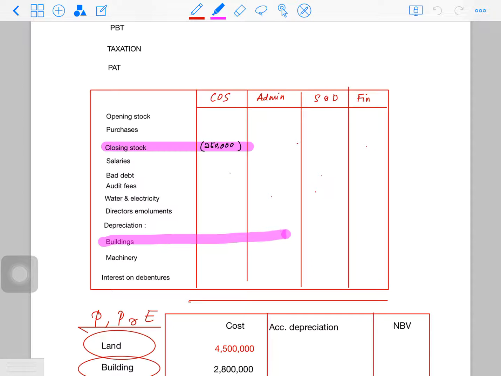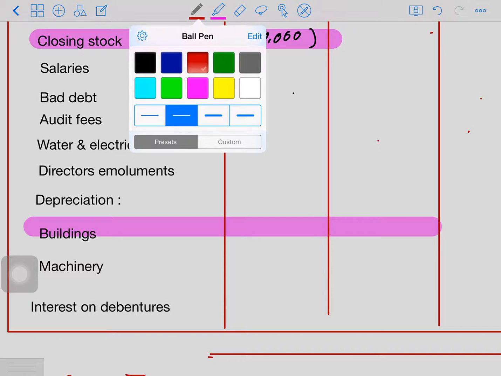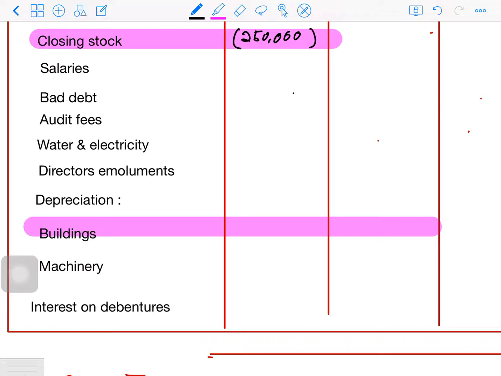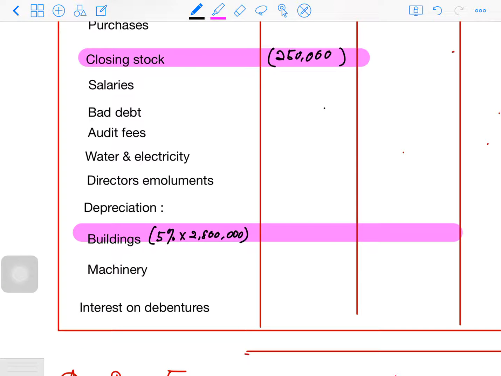Buildings under admin, depreciation expense. It should be 5% times 2,800,000.